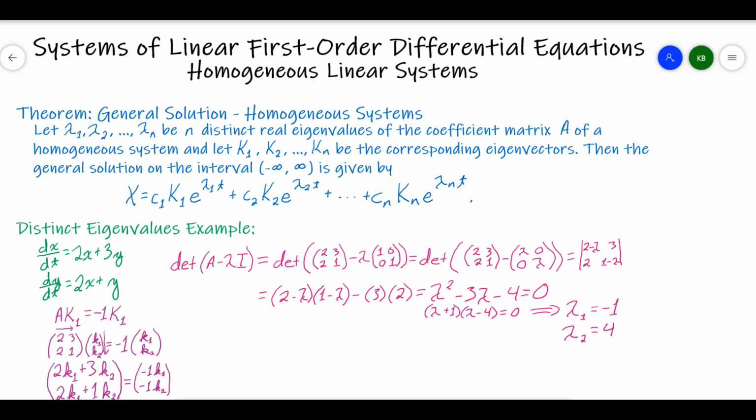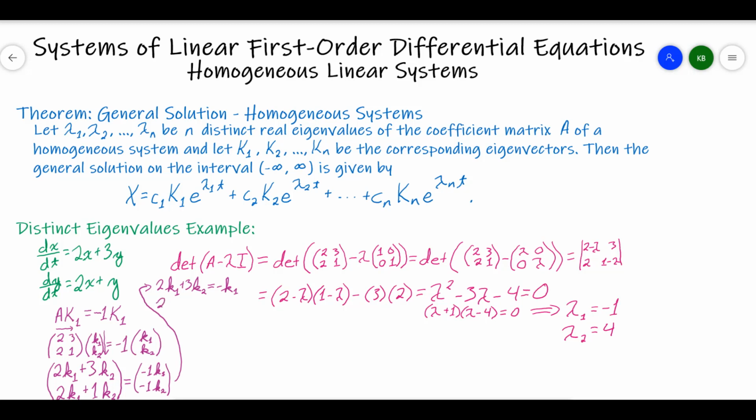Now you might notice at this point I actually have 2 equations being set up, because if these 2 vectors are equal to each other, that means that the top and the bottom of them must be the same. So this is really 2K1 plus 3K2. That's the top of my vector on the left. It must equal the top of my vector on the right, so that has to equal negative K1.